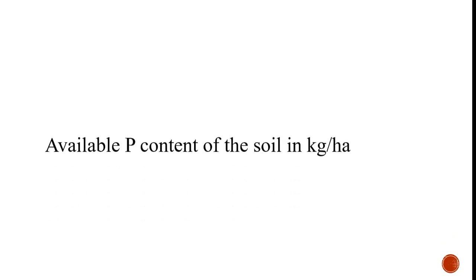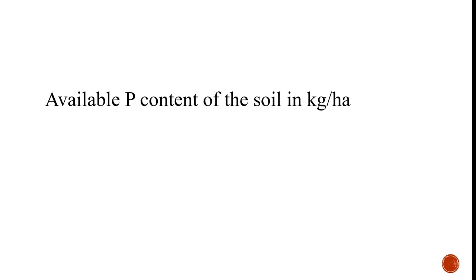And move on to the last aspect. We have to calculate the available phosphorus content of soil in kilograms per hectare. There is a direct relationship between pounds per acre and kilograms per hectare. They are all units of yield. Agronomists will say they are units of yield because they compare the mass, the quantity, to the area of land. So whenever you have the value in pounds per acre and you want to get it in kilograms per hectare, just multiply it by the conversion factor 1.12.